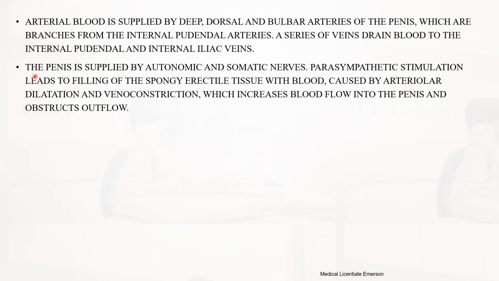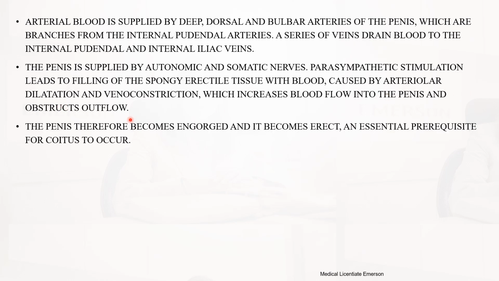Then the penis is supplied by autonomic and somatic nerves. Parasympathetic stimulation leads to filling of the spongy erectile tissue with blood, which is caused by arteriolar dilatation and venoconstriction, which increases blood flow into the penis and obstructs outflow. The penis therefore becomes engorged and erect, an essential prerequisite for coitus to occur.